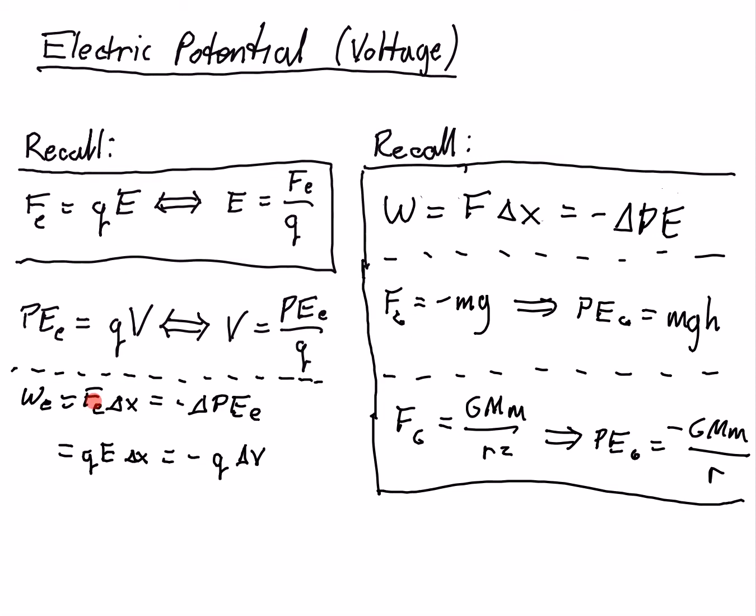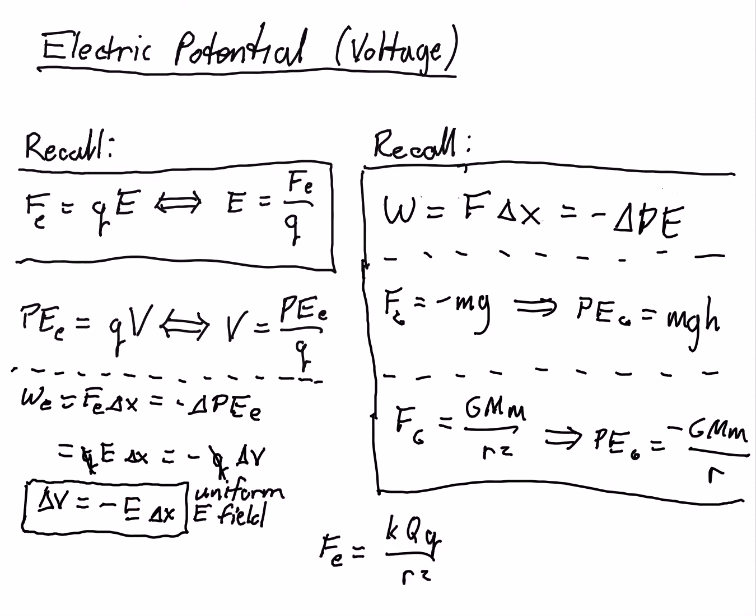Putting in Q times E for the electric force, and Q times delta V for the change in potential energy, the charges cancel out, leaving us with delta V equals minus E times delta x. Remember, this relationship is only usable for a uniform electric field, otherwise you have to do an integral.